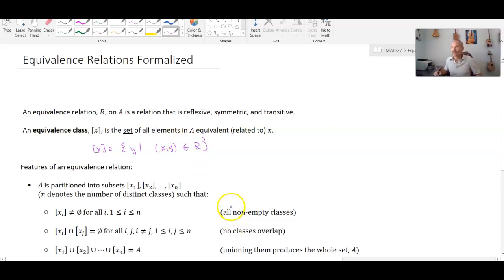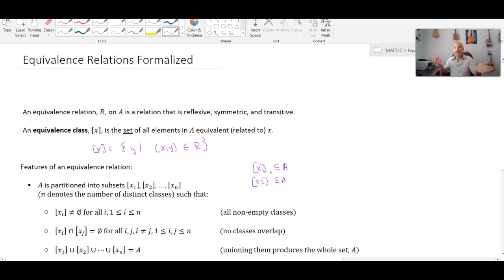So the features of this equivalence relation. First of all, A is going to be partitioned, meaning, again, these three things are what's required to be partitioned into subsets of A. [x1], its equivalence class, will be one subset of A. [x2] will be some equivalence class, which is a subset of A. And we may not necessarily have two of these.